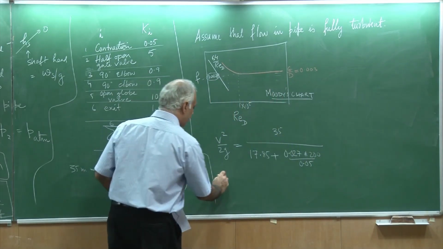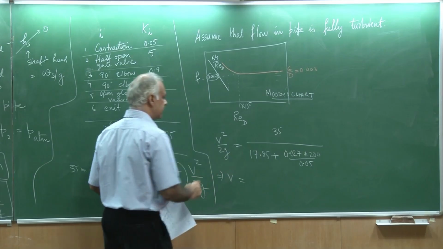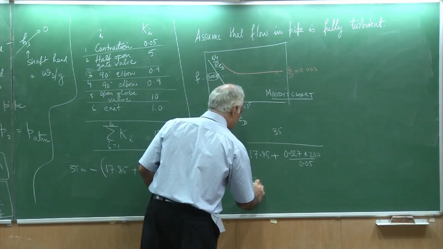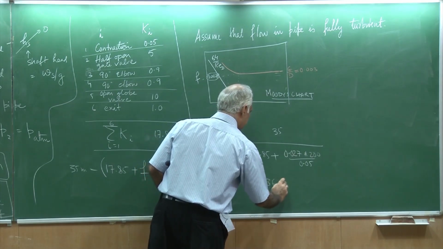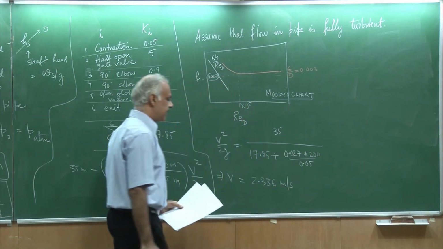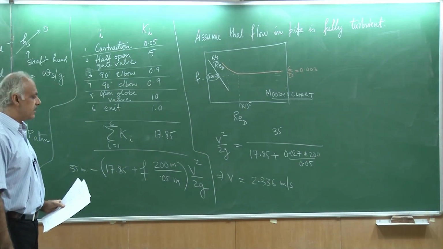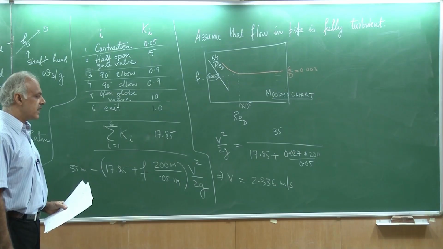And if I work this out by using g as 9.81, then this turns out to be 2.336 meter per second. Okay, that is the speed of the water through the entire pipe.